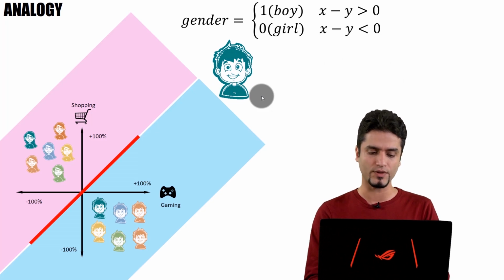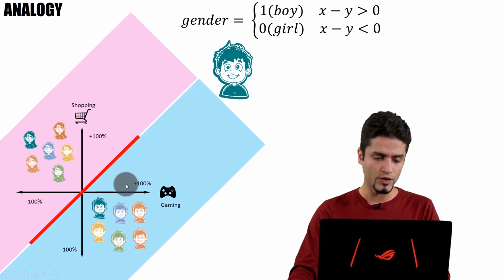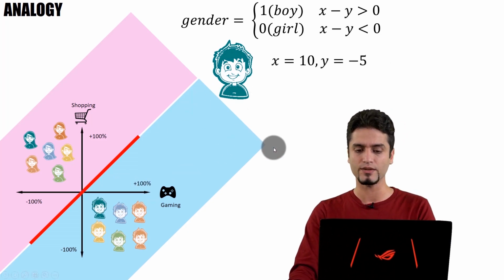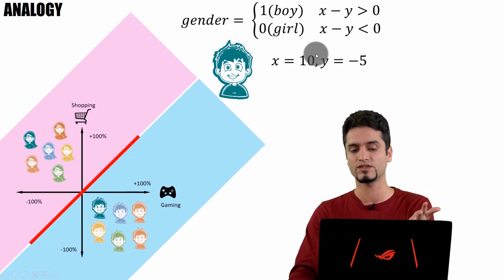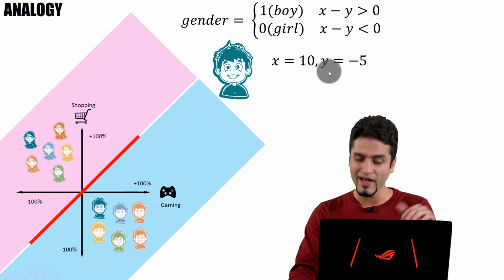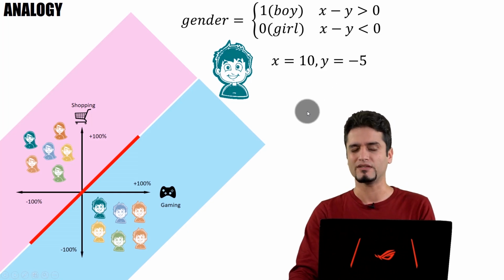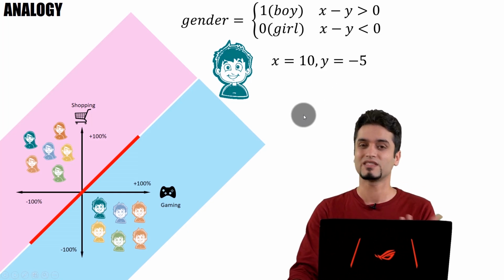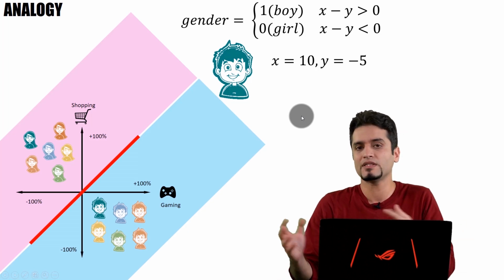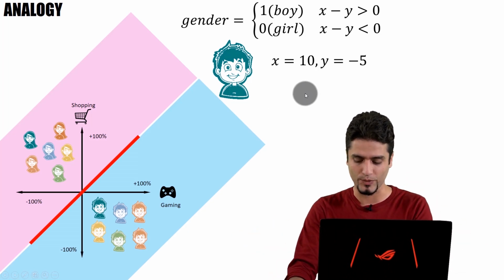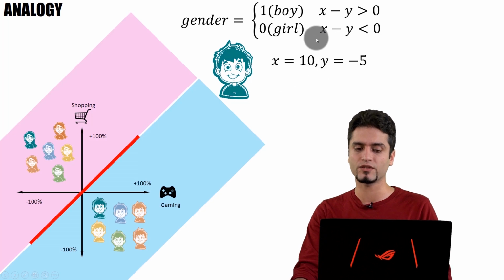In the next example, I'll pick this guy, who is kind of interested in gaming. So 10% is interested in gaming, and minus 5% shopping. So he doesn't like shopping that much, but at the same time, he doesn't hate it. He's kind of meh in shopping. If you put these numbers in that equation, what would you get?